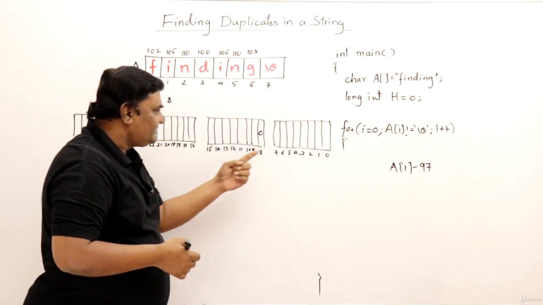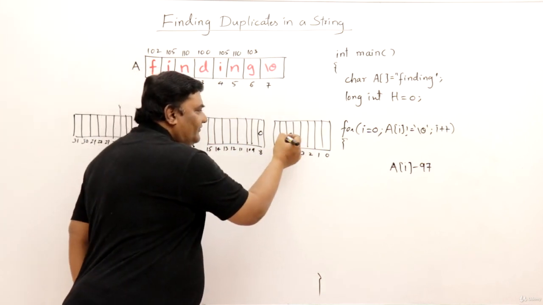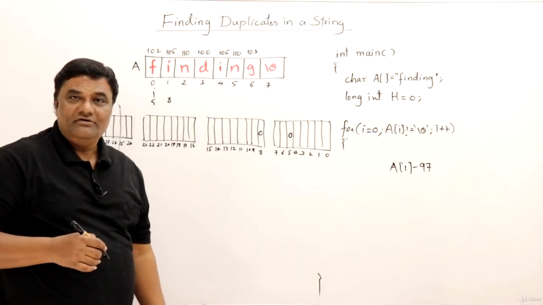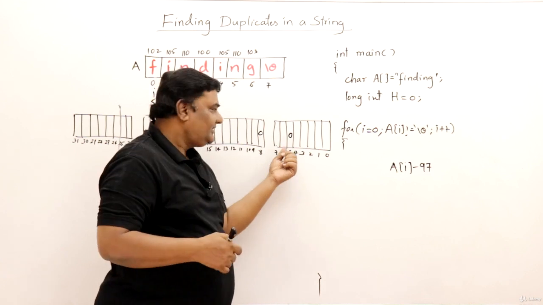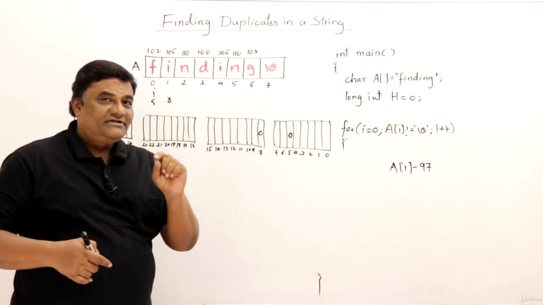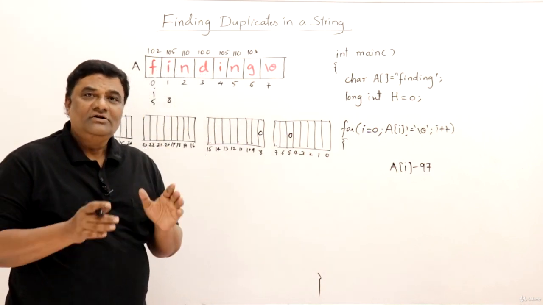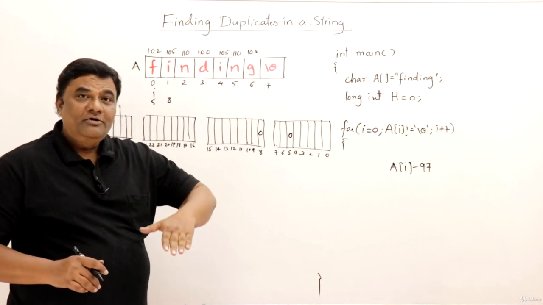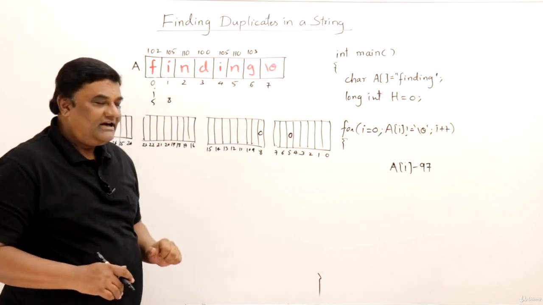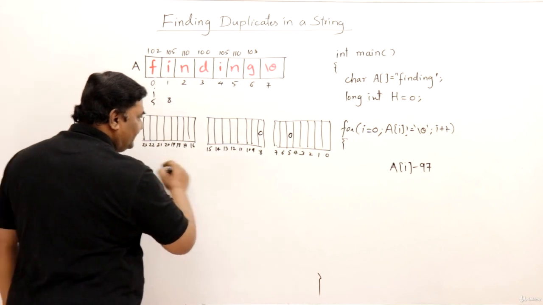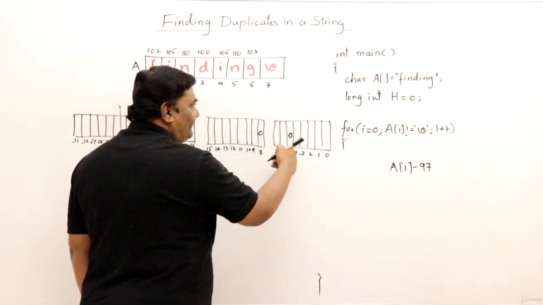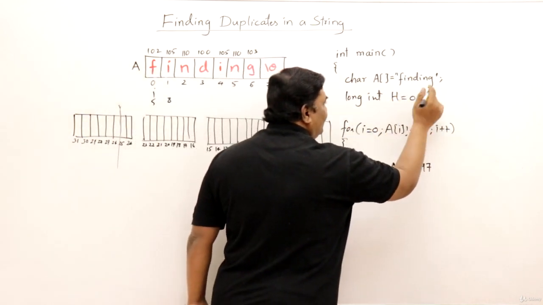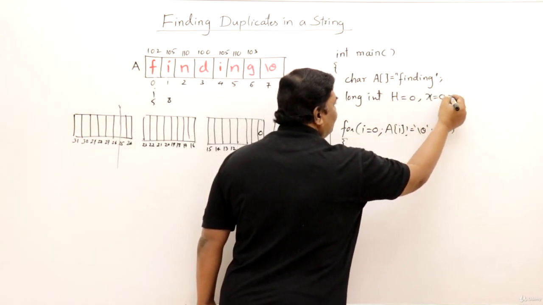I have to check whether this 5th bit is on or off: 0, 1, 2, 3, 4, 5. If you count, it is the 6th bit, but the index is 5. How do we know that? By performing masking. So I should have one more variable where this bit is set on, and I should perform masking. For that, I will take one more variable that is set to 0.